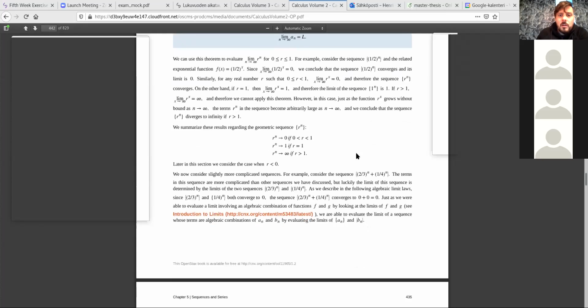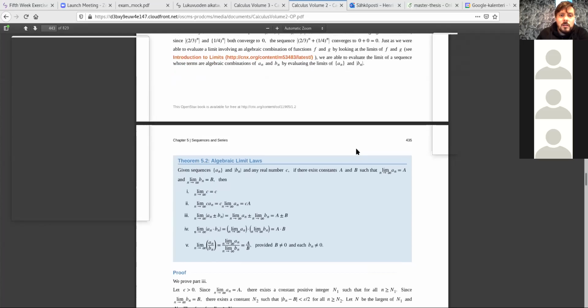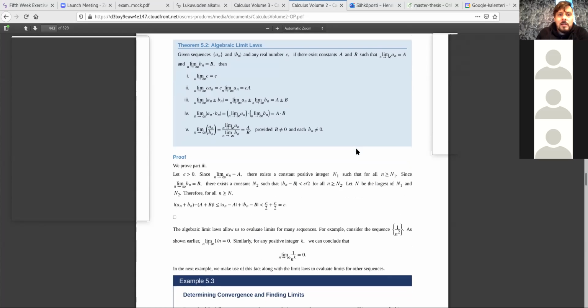Here are some considerations, not going into great detail. Algebraic limit laws: if we have two sequences a_n and b_n with limits capital A and capital B, then the limit of a sequence of constant numbers, say a sequence of 5s all over, is 5.